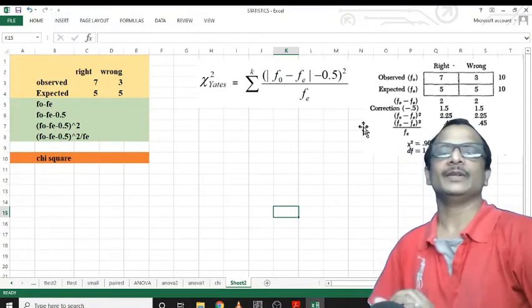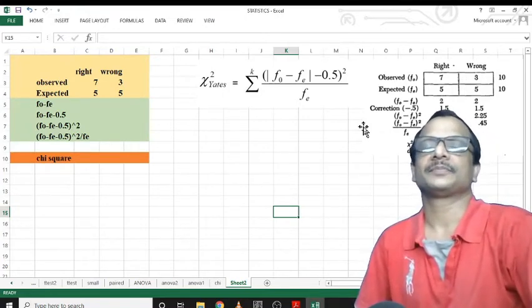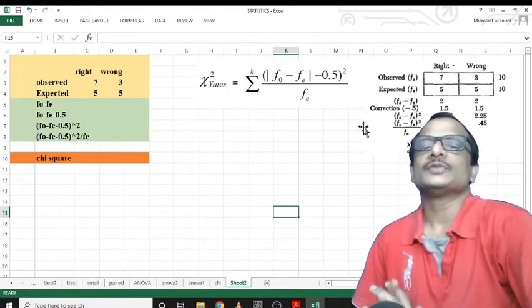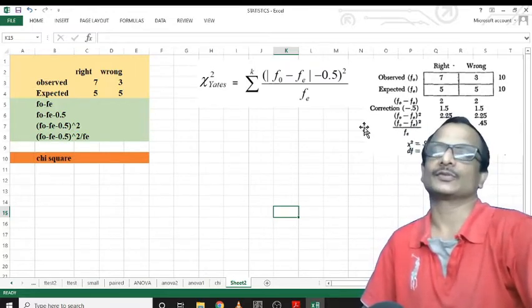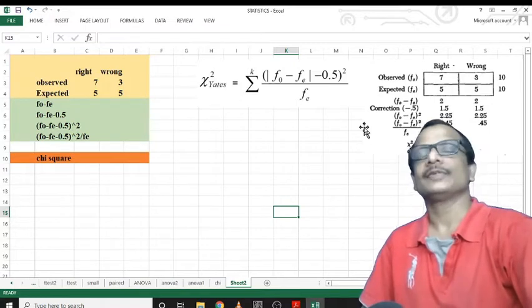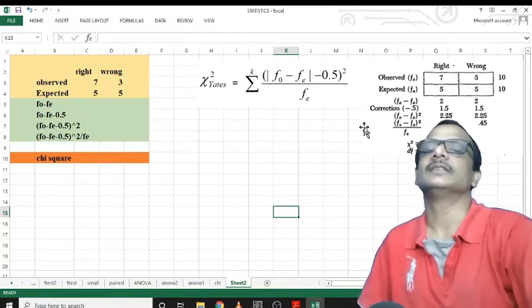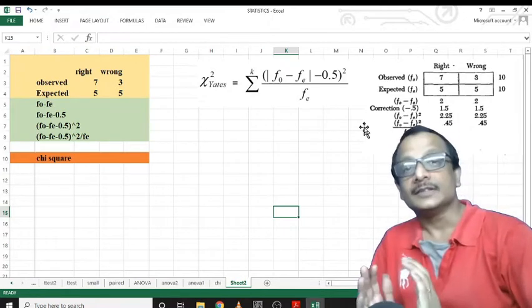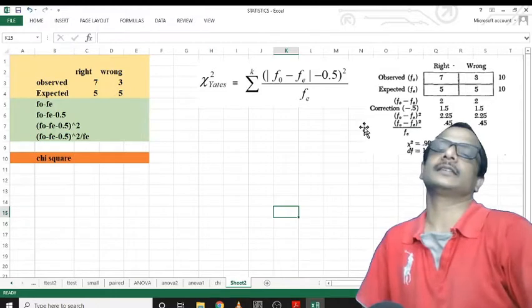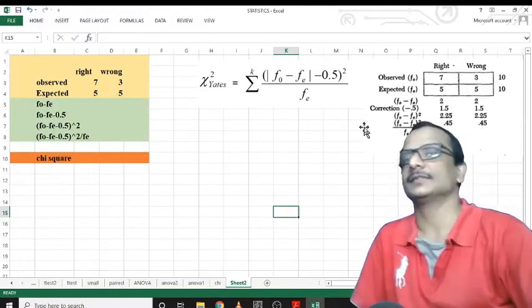In the last video we learned the chi-square test, but in some situations we cannot use chi-square because of its assumptions. One of the interesting assumptions for chi-square is that there should be at least 5 observations per cell.